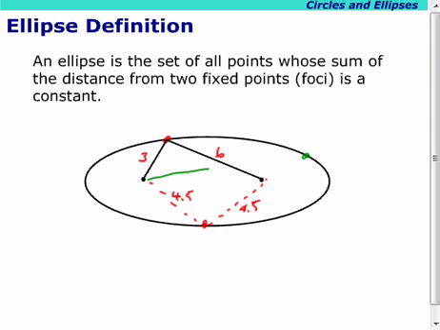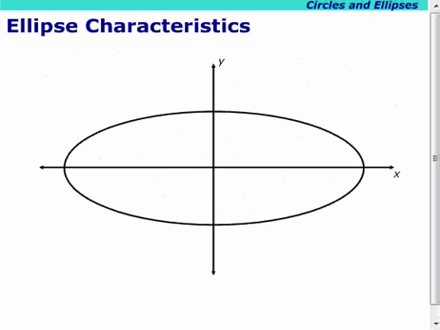Say this distance is about 8. Looks like my numbers are out a little bit, but say that's 8, and since the sum always has to be 9, this little one has to be 1, right? So the sum of the distances from our point around the side to these two focus points is always a constant.